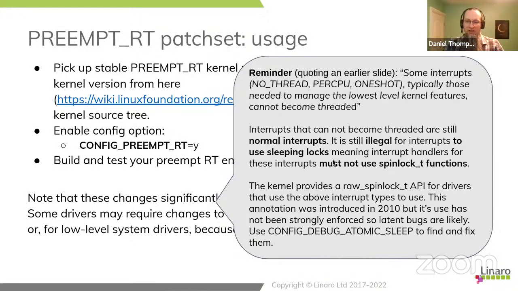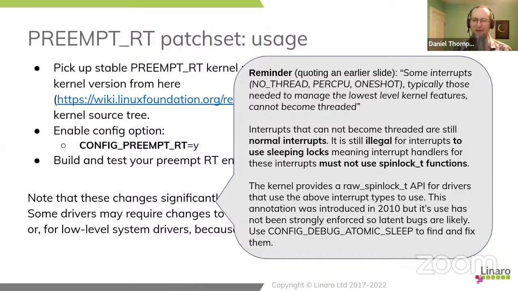The kernel provides this thing called the raw spin lock API. The raw spin lock API basically provides the original spin lock API that has not been converted. This is still real spin locks implemented in the same SMP spinning ways that we've seen for decades. It's an annotation. It was introduced in 2010, but correct use of this API has not been strongly enforced.